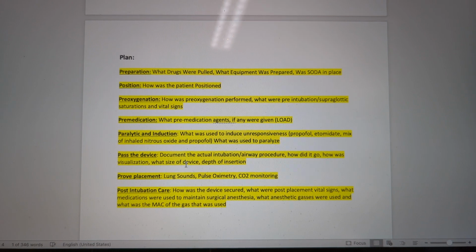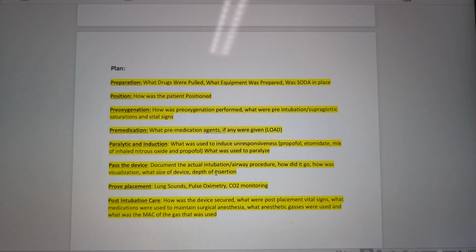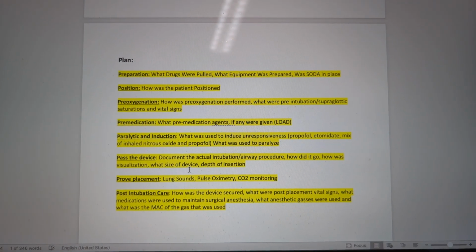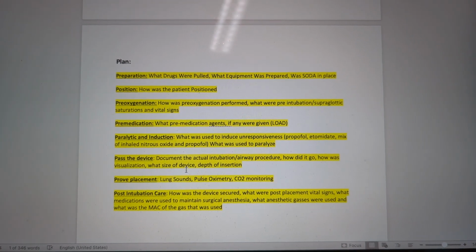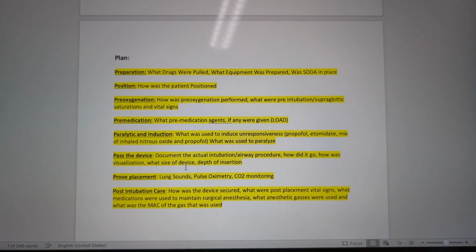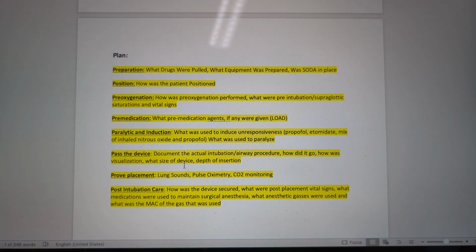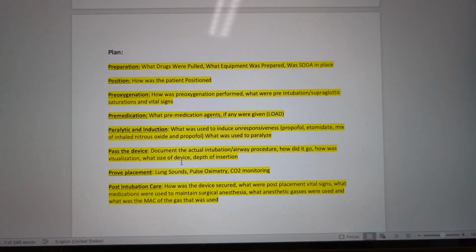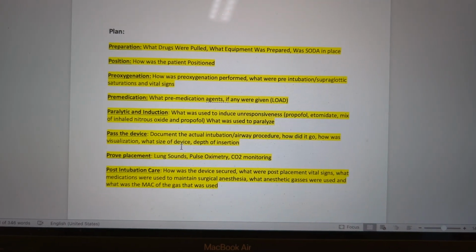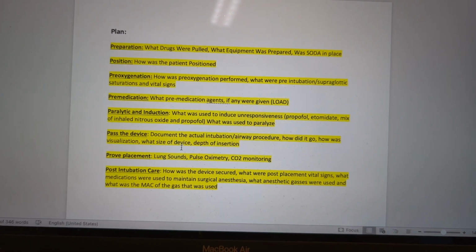What size of device was placed? What was the depth of insertion? How many attempts did it take? And what did you do in between attempts to improve your chance of success? Or were you unsuccessful, and did the anesthesia provider have to ultimately place that device?